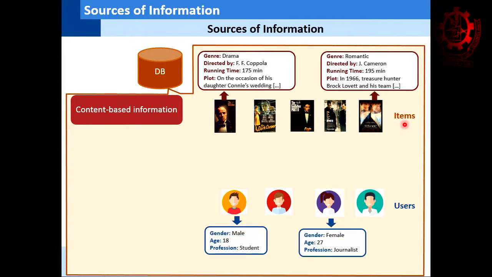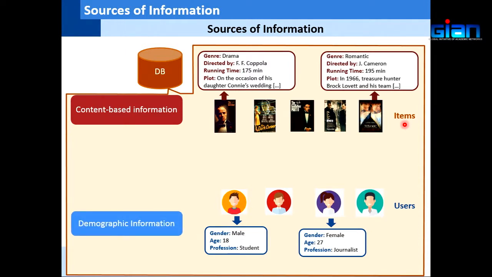About the users, we have information such as gender, age, or profession of each user. This is called demographic information. Obviously, users provide feedback about what they like. For example, a user could evaluate an item with a rating, typically with 5 stars, stating whether or how much he likes an item.